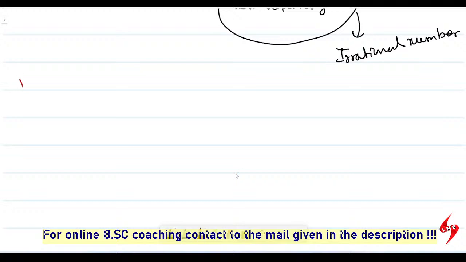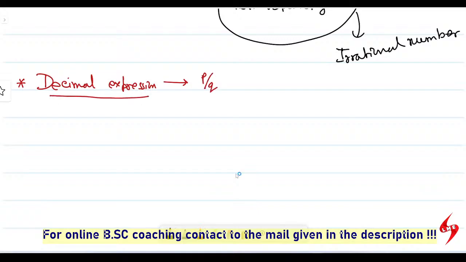Now my topic here is converting a decimal expression to p/q form. Definitely the decimal expression will be either repeating or terminating.